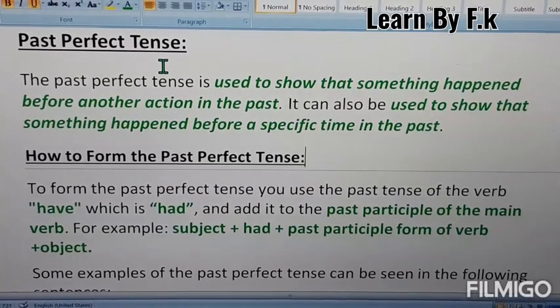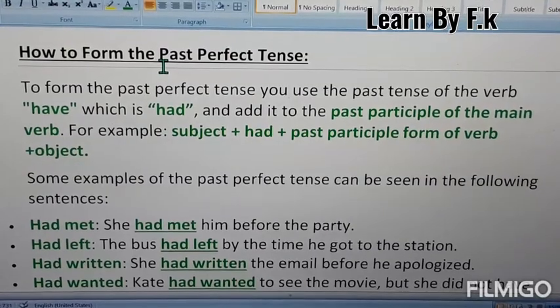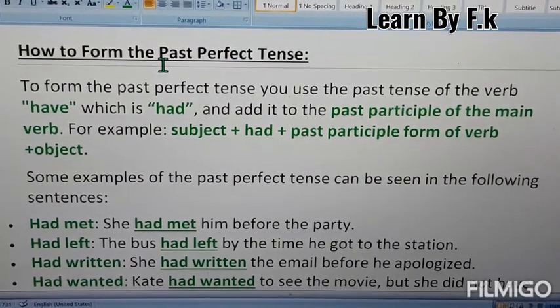How to use the past perfect tense? To form the past perfect tense, you use the past tense of the verb have, which is had, and add it to the past participle of the main verb.